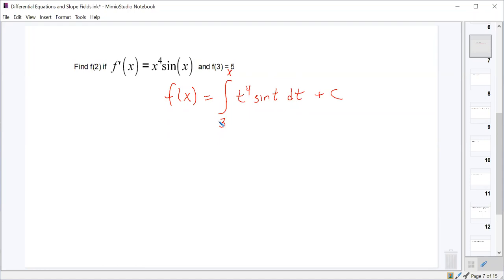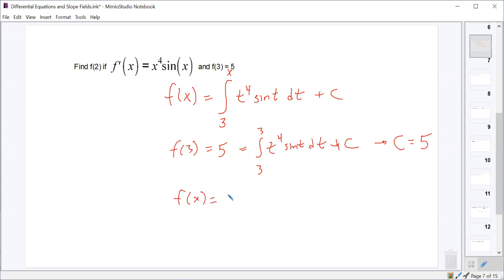And so then we will say f of 3, which is 5, should be equal to the integral from 3 to 3 of t to the 4th sine t dt plus our constant. And that tells us that the constant is 5.